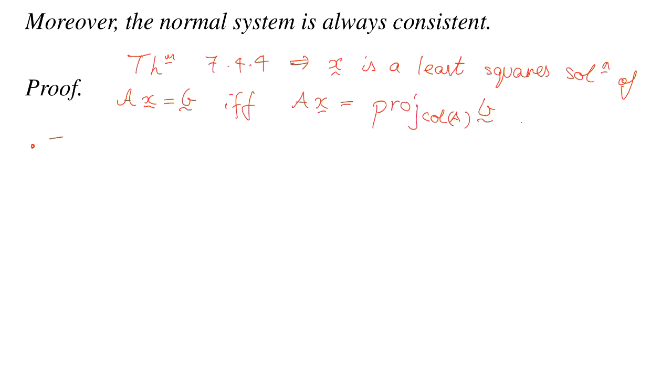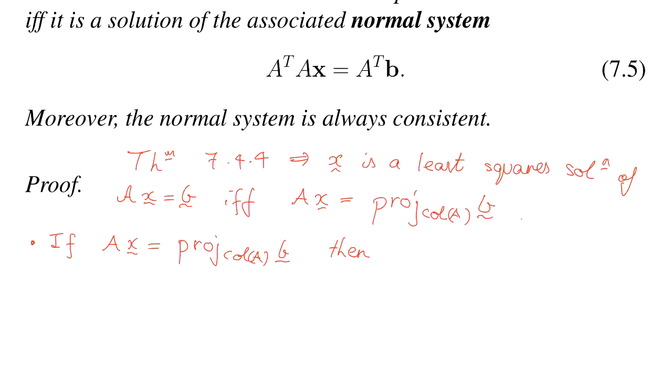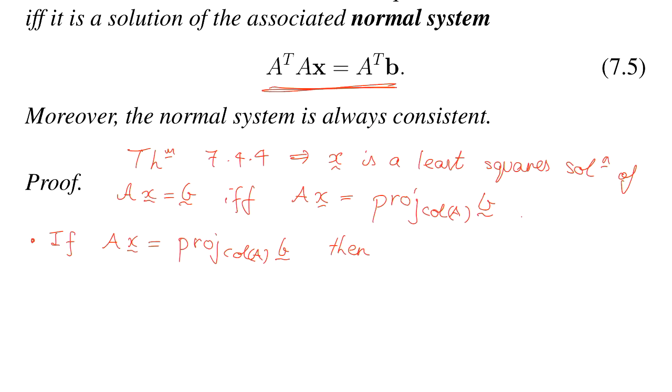So if AX equals the projection onto the column space, meaning X is a least squared solution, now we're going to show that it satisfies the normal equations. So if X is a least squared solution, then what we want to do is understand why X has to satisfy that.